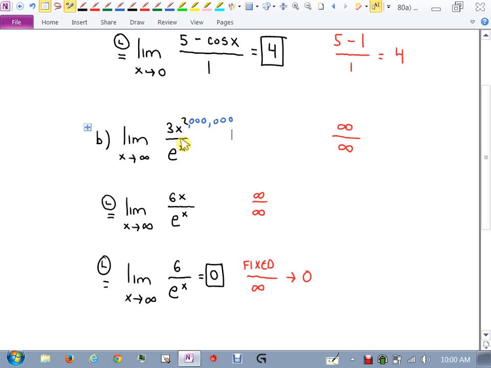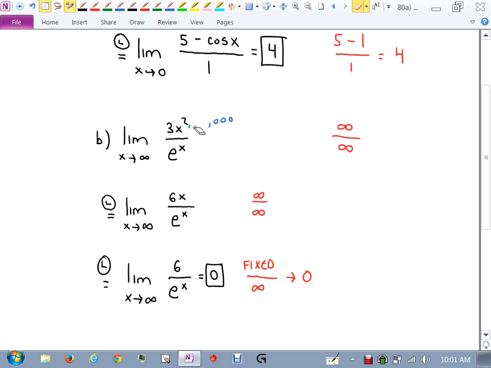Because with L'Hopital's rule, we would do 2 million derivatives and the power would come down each time, and eventually e to the x just keeps cycling, e to the x, e to the x. So if you were to graph these two, it would look like the x to the 2 million just took off and e to the x is down there going, okay. But if you go out far enough on the x-axis, eventually e to the x is going to take over. That's how fast e to the x grows. And I can do that for any power of x up here.